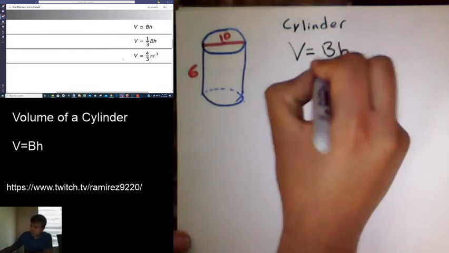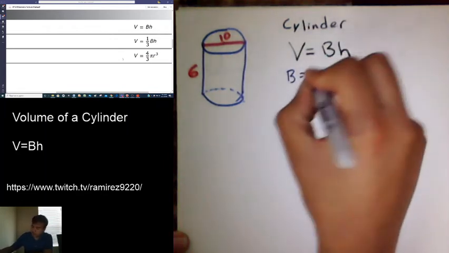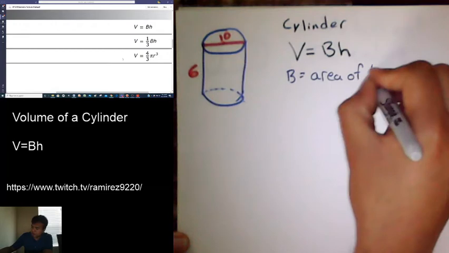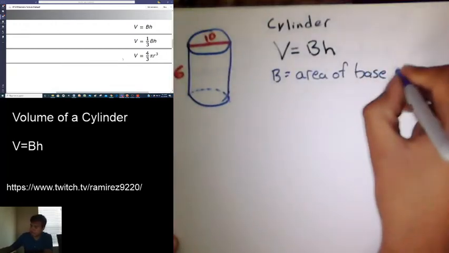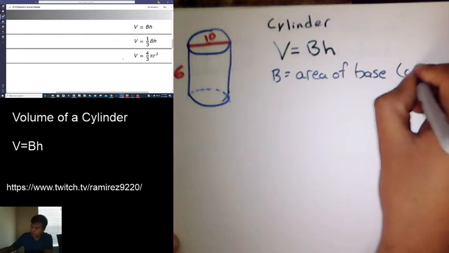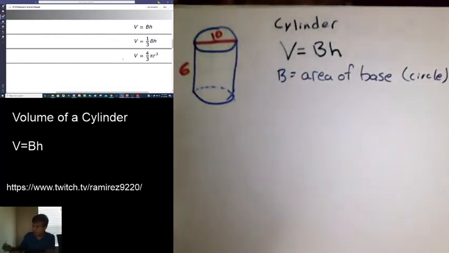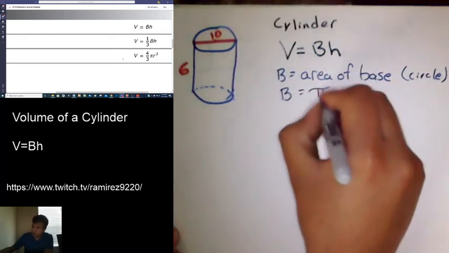And this is where it differentiates. Again, big B stands for area of base, but because my base happens to be a circle, it's going to be the area of a circle. That's what's going to make this different. So when we calculate this, we're going to be using pi r squared.